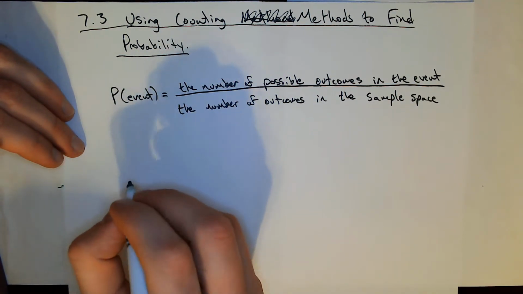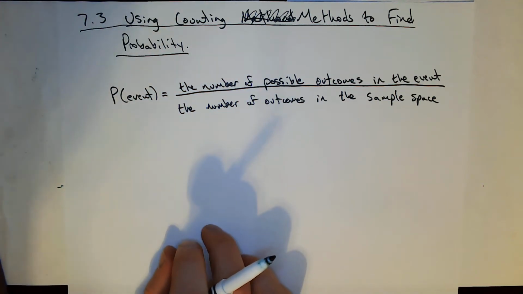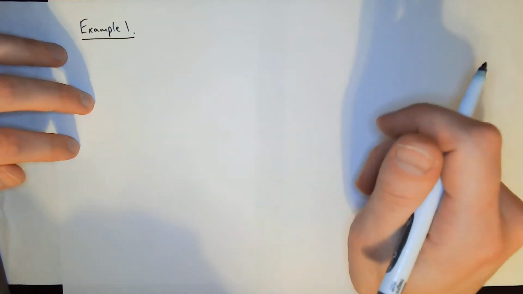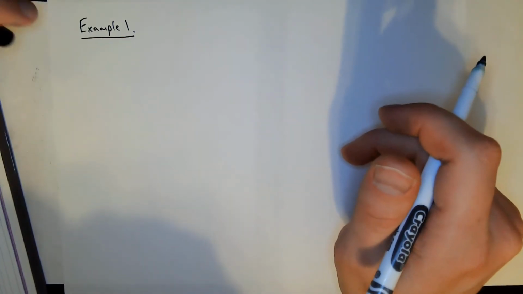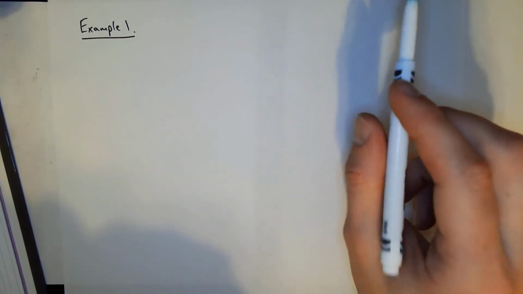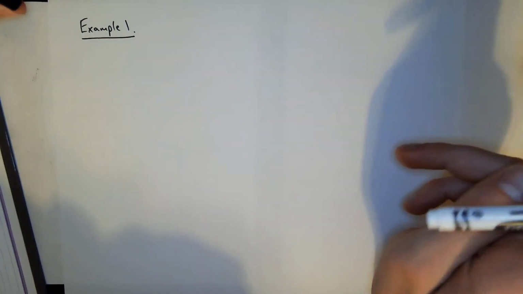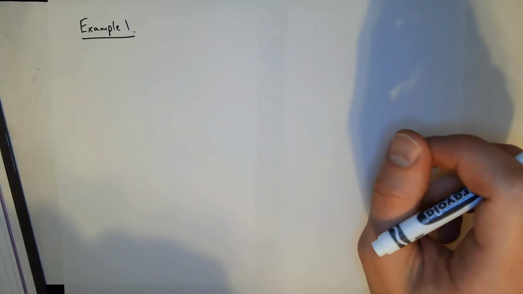So let's start with an example. All right, so example 1 from the text says, suppose that as one of the 20 graduate students in the physics department, you have a chance of being selected for one of the 3 student spots for a conference trip to Cancun.